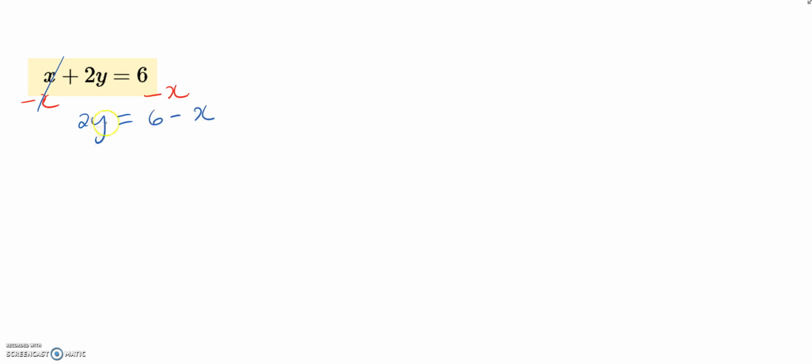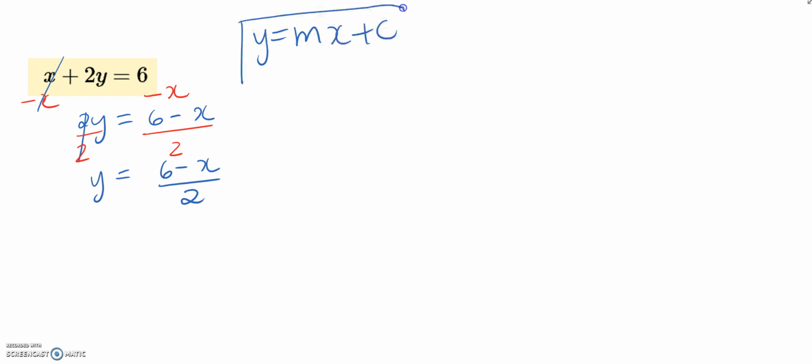Then we divide by 2, divide all of that by 2, and what we have is y equals (6 minus x) over 2. Is it still in the form, keeping in mind that it always has to be in the form mx plus c? We have y, yes, but we don't have mx plus c.